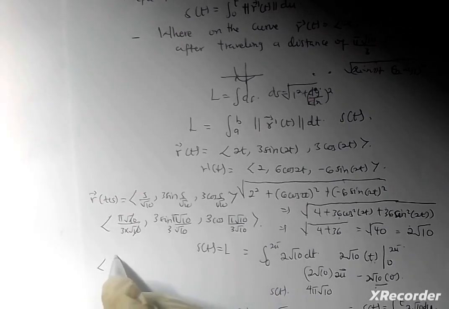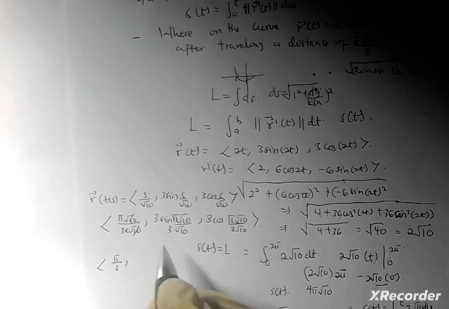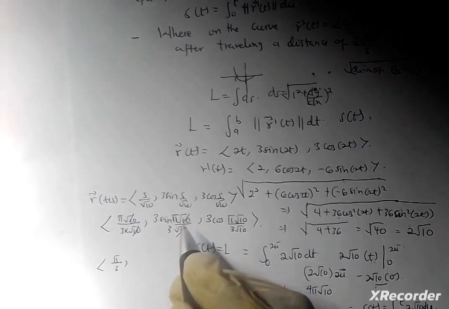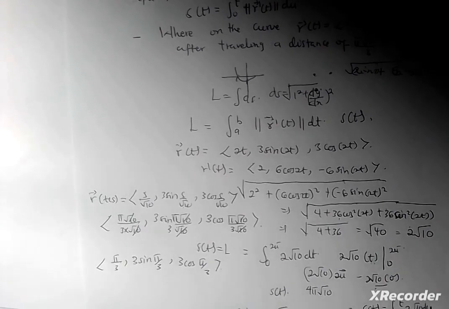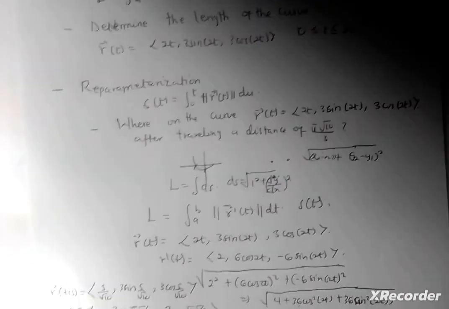So I'll get pi over 3, comma, 3 sine pi over 3, comma, 3 cos pi over 3. So this is a nice point I have got. This is the particular point on the curve at which I will arrive after traveling that distance.